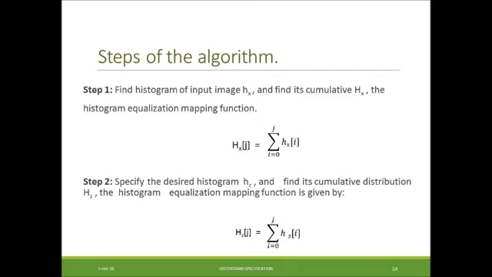Step 2. Specify the desired histogram hz and find its cumulative distribution capital Hz. The histogram equalization mapping function is given by capital Hz of j equal to the summation, i equal to 0 to j, of small hz of i.